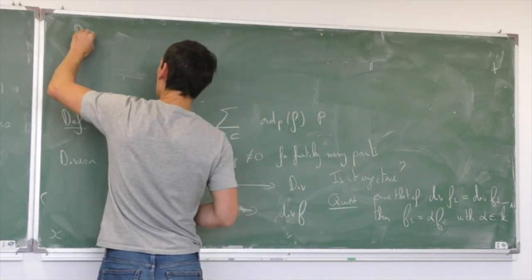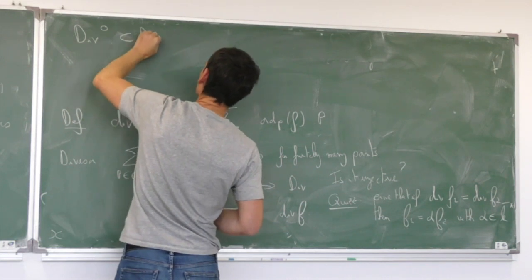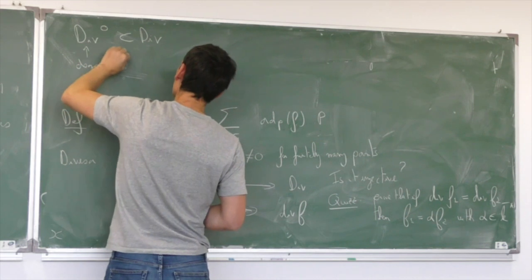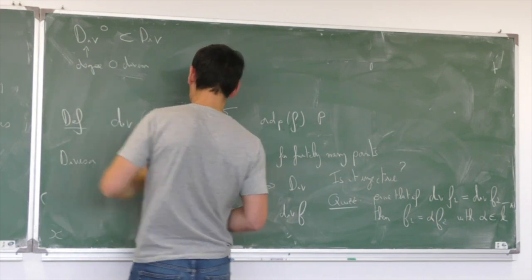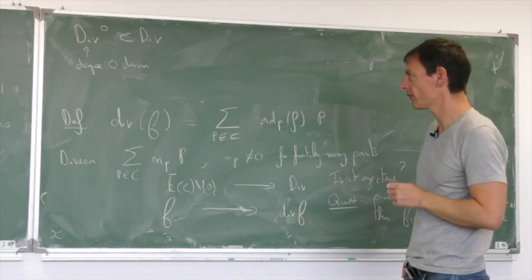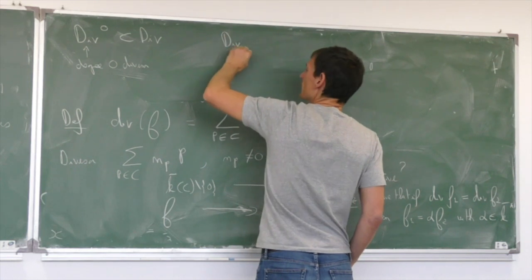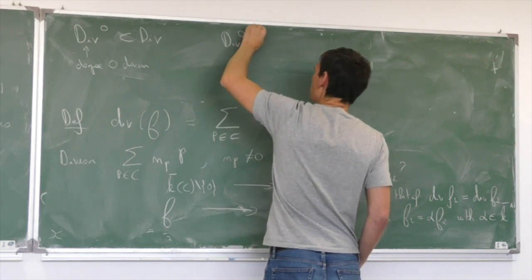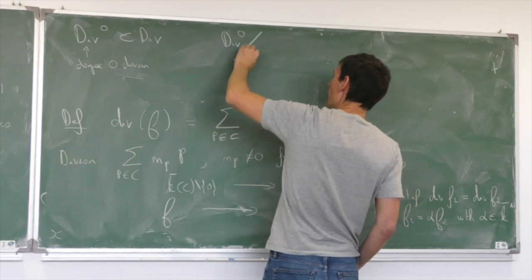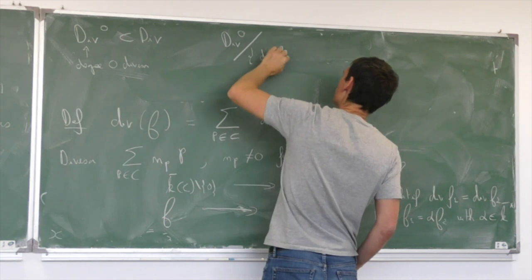So this is a subset Div^0 inside all the divisors, the degree 0 divisors. And in order to see this, what you can do is to take Div^0 and quotient it by the image of this map, so by all the divisors of f. Okay?